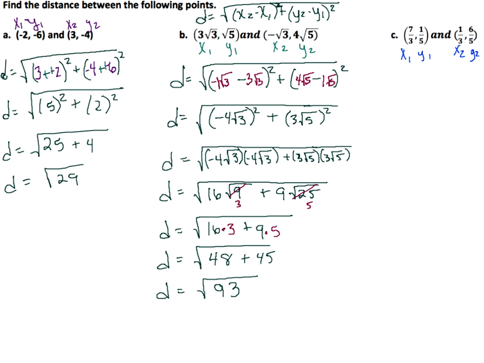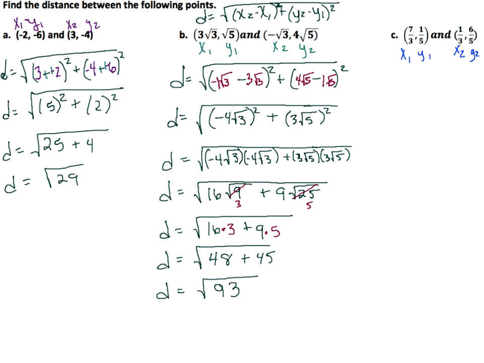I think 93 is prime. No, 93 is not prime, but it doesn't have a perfect square factor in it. It does divide by 3. Let's see what happens. 93 divided by 3 is 31, so 31 is prime. All right, so that's as far as you can go with that. Now, y'all were both telling me, no, it doesn't have anything, and I just saw that. Thank y'all. Trying to make my job a little easier there.